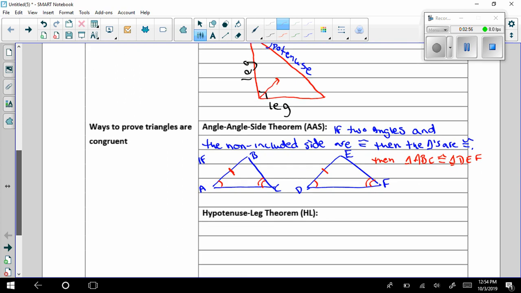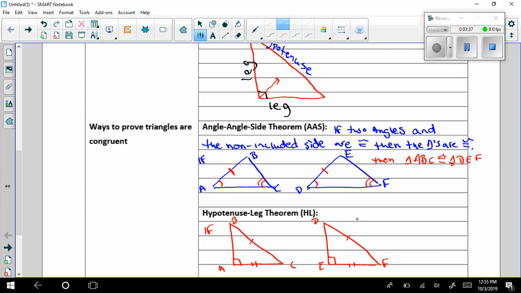The next one is your HL theorem, which is hypotenuse leg. That deals specifically with right triangles, where you have the hypotenuse and the leg congruent. So again, you have to have a right triangle. So if you have a right triangle, we'll just again call it ABC. And then another, marked congruent where you have one of the legs and the hypotenuse, right?